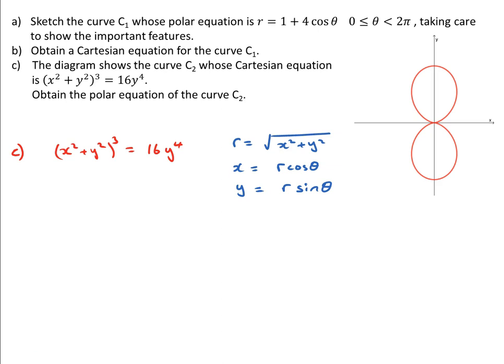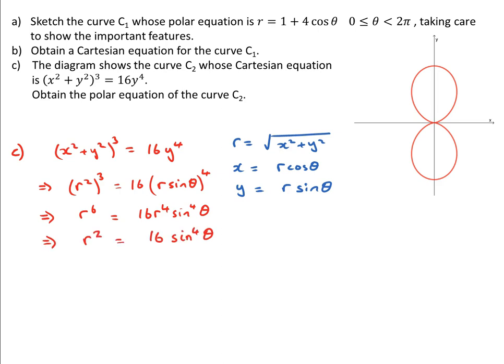On the right hand side we can substitute y equals r sin theta and obtain r squared cubed equals 16 lots of r sin theta to the power 4. Simplify both sides, we've got r to the 6 equals 16 r to the 4 sin to the 4 theta. In other words, we've got r squared must equal 16 sin to the 4 theta.